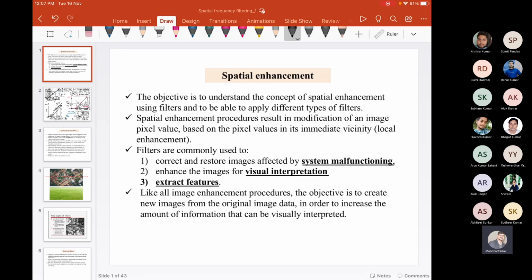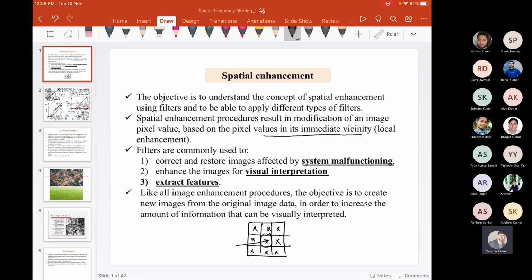In spatial enhancement, let's say we want to identify this central pixel. In addition to the central pixel, we also consider the surrounding pixels' magnitude to modify its value.